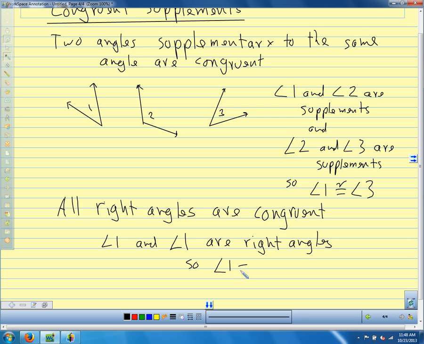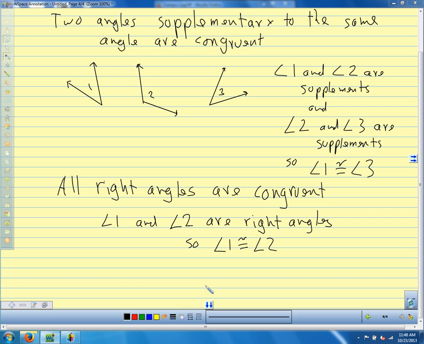So angle 1 is congruent to angle 2. And that one's really easy to prove. What is a right angle? What's the measure of a right angle? 90 degrees. Angle 1 and angle 2. So the measure of angle 1 and measure of angle 2 are 90 degrees. So their measures are equal. That means they're congruent. So that's our second theorem that's similar to what we just talked about.